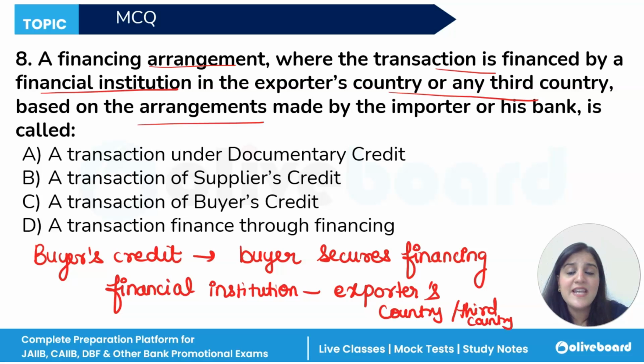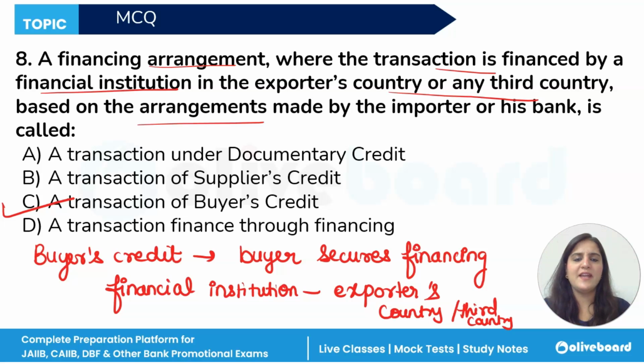This credit is typically arranged by the importer or their bank. The exporter receives payment immediately or within a short period, while the importer repays the loan to the financial institution over time based on the terms agreed upon. So we can say that this is the transaction of buyer's credit. Here option C is the correct answer.